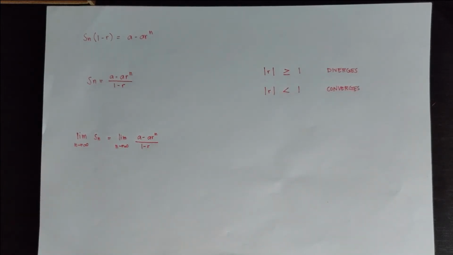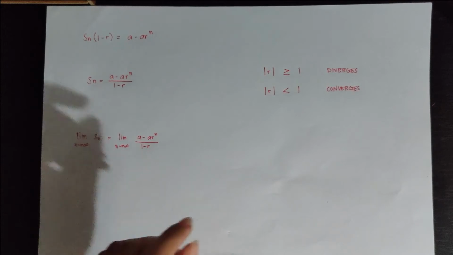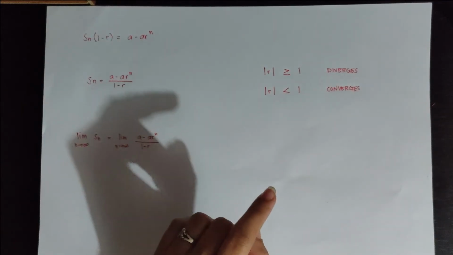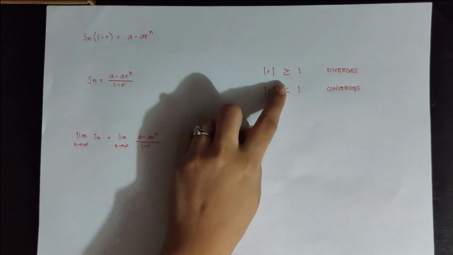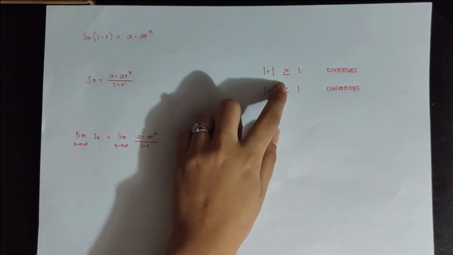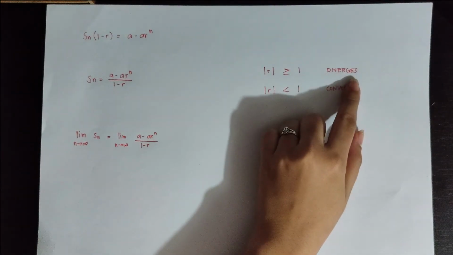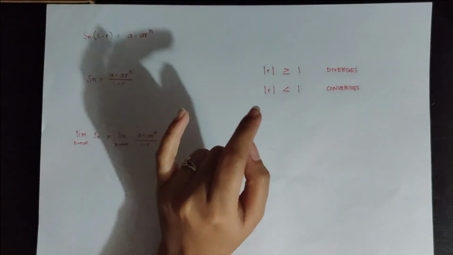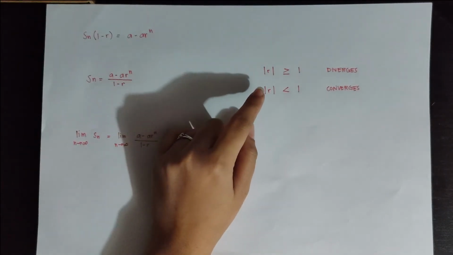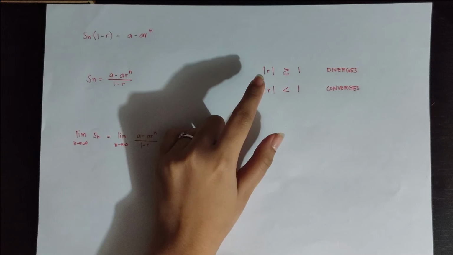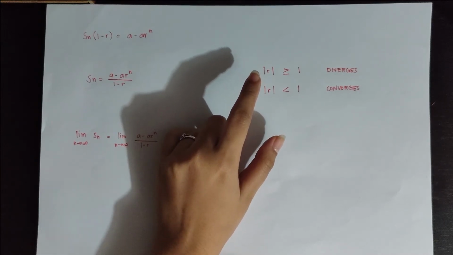It depends on the value of r. If the absolute value of r is greater than or equal to 1, then it diverges. But if the absolute value of r is less than 1, then it converges.